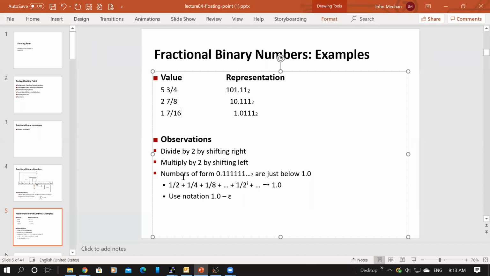So you're adding up a half, a fourth, an eighth, 1/2 to the i, summing all that up, getting real close to 1. So we could use a notation for representing this to say this is 1.0 minus some epsilon, and how small epsilon gets depends on how many of these digits we stick on the right over there, right?